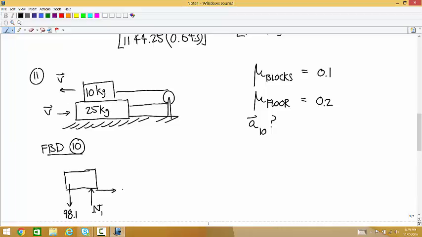So that is 0.1 times N1. And then there's a cable force in this direction, T. And if you keep going around the boundary, there's nowhere else where the outside world, outside of what we've isolated, touches the boundary, so that's it.